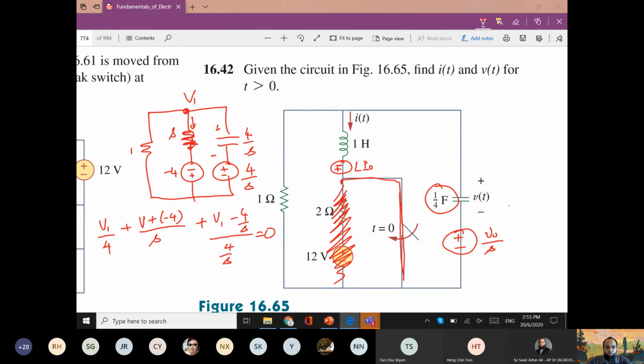All right, so we just need to find V1. Once we have V1, we can find I and we can find V. Okay, Sharif?